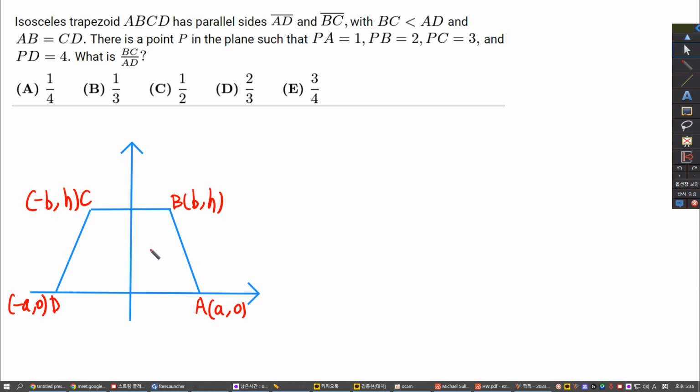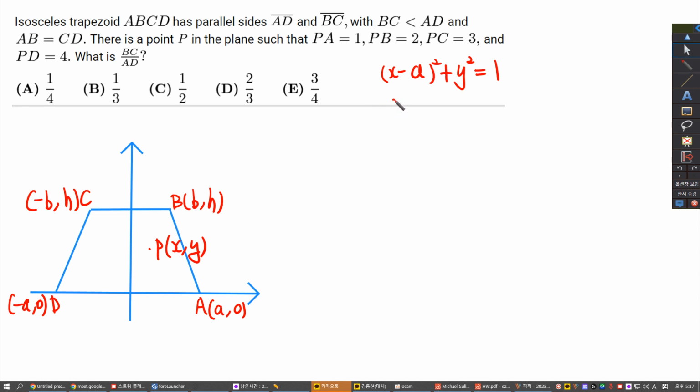And when there is a point P, let's say P's coordinates are (x, y). So the length of PA is 1. So if we use the distance formula, this is 1. And PB's length is 2.